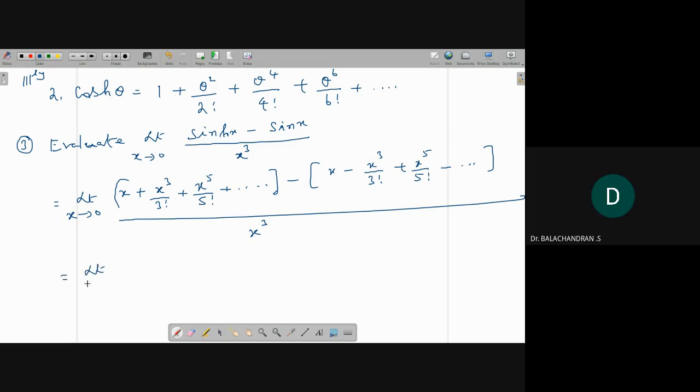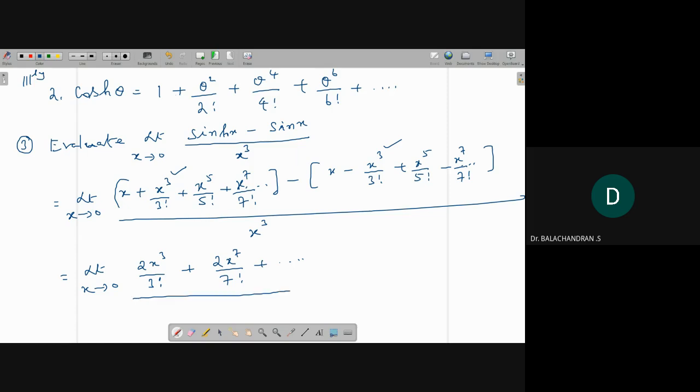We'll do it step by step. What terms do you have? 2 x cube divided by 3 factorial, and x power 5 by 5 factorial gets cancelled. Next you have 2 into x power 7, because here you have x power 7 by 7 factorial and here minus x power 7 by 7 factorial, so minus of minus is plus, and so on.